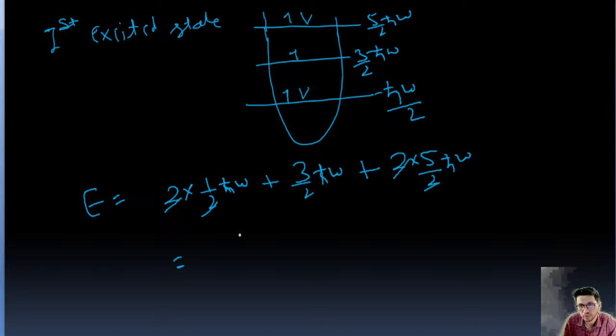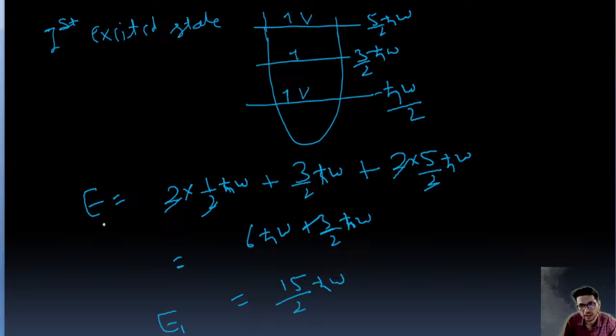So this is going to be 6 h cut omega plus 3 by 2 h cut omega, right? So this is going to be 15 by 2 h cut omega. This is the first excited state energy, guys.